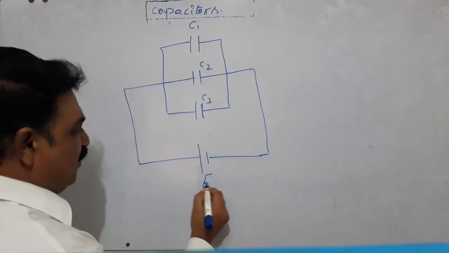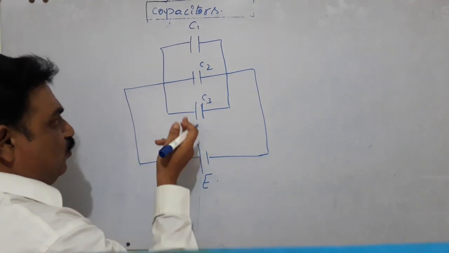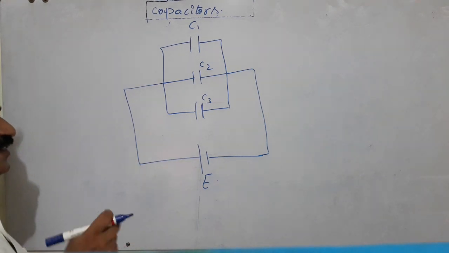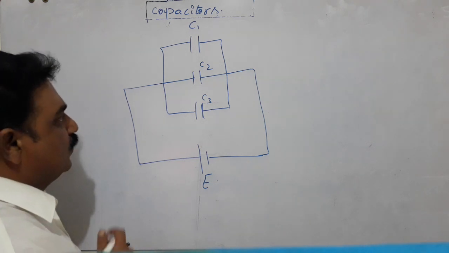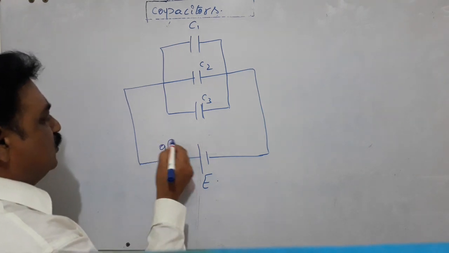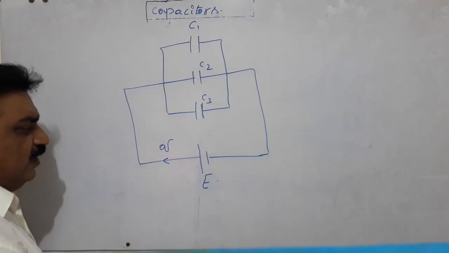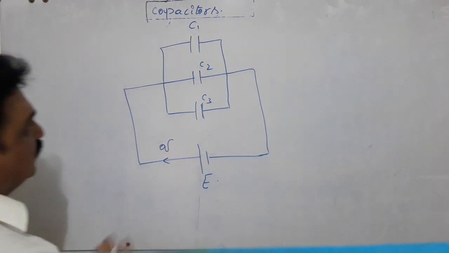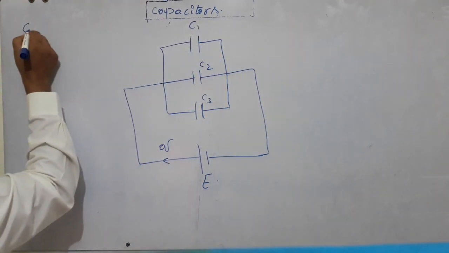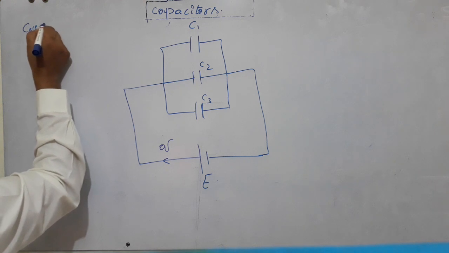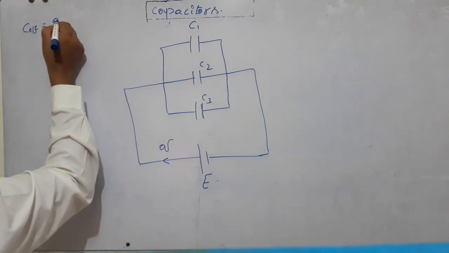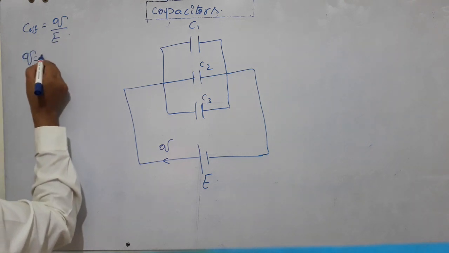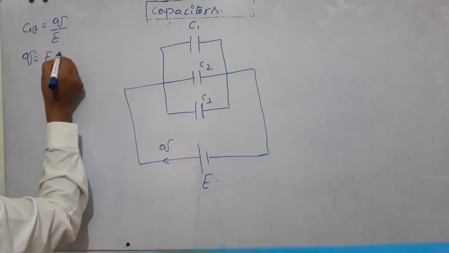This is the EMF E, and C1, C2 and C3 are the capacities of different capacitors. In this situation, Q is the charge drawn from this cell and the effective capacity of this combination is, say, C effective. So C effective is equal to Q by E. Otherwise, Q is equal to E into C effective.